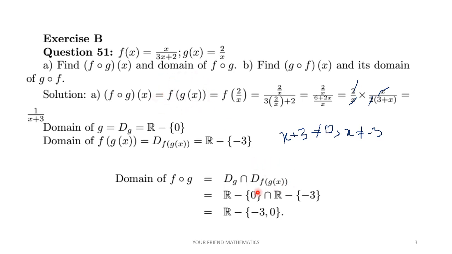We take the intersection. In the domain of g, all real numbers except 0, and in the domain of f of g of x, all real numbers except minus 3. So 0 and minus 3 are not common to both sets. That's why we remove them, and the domain of f composition g is R minus {-3, 0}, meaning all real numbers except minus 3 and 0.